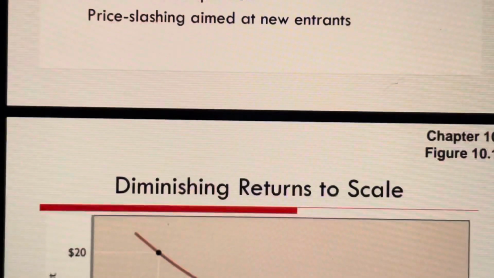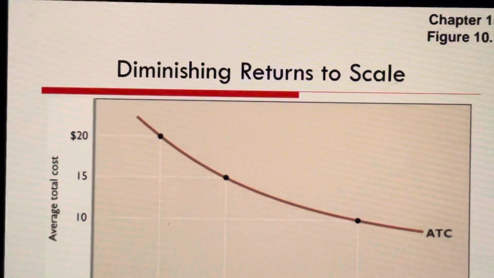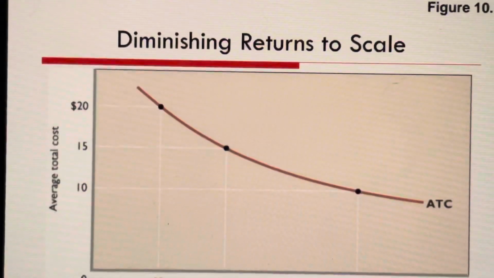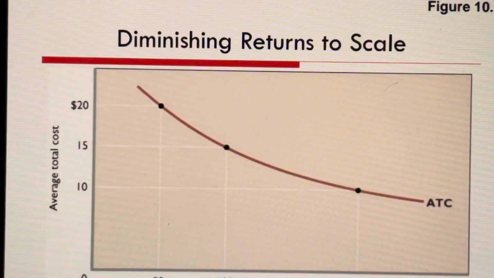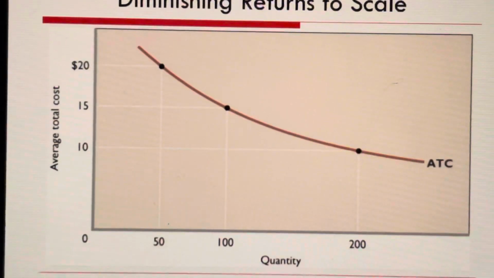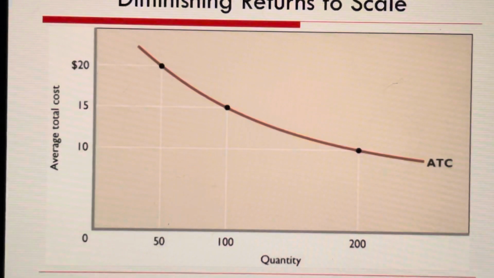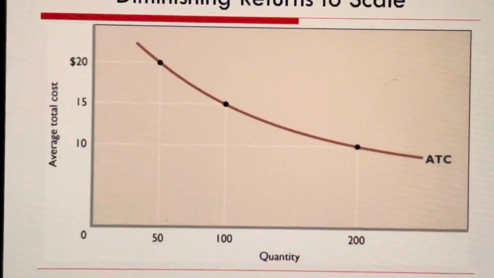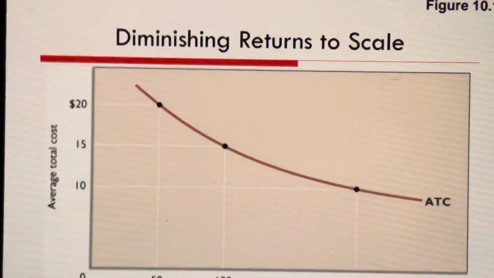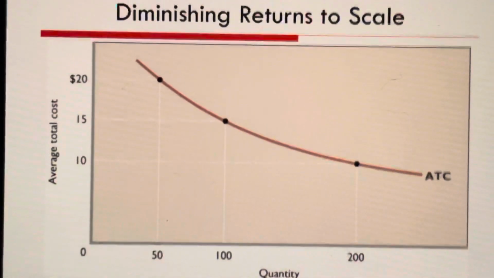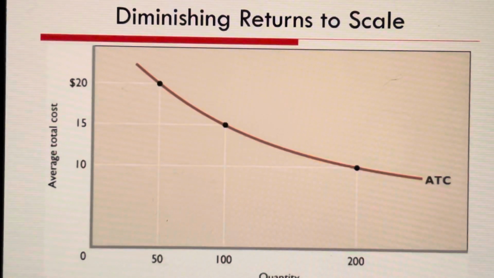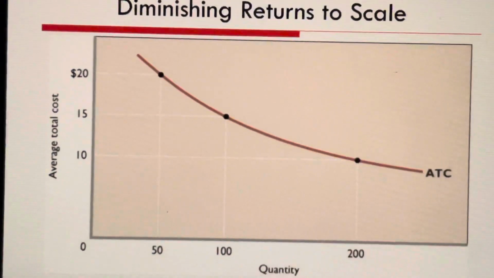So we can discuss figure number one, chapter number 10. Diminishing returns to scale: we can see the scale of average total cost, where the first axis shows the amount and the second axis shows the quantities.